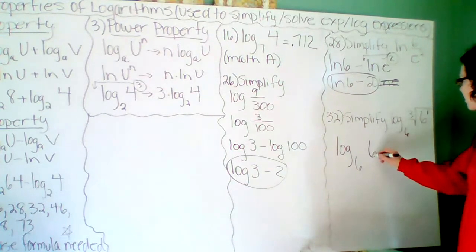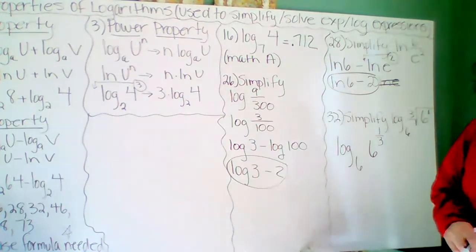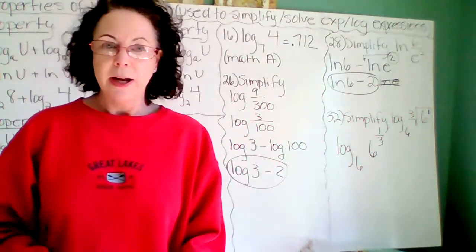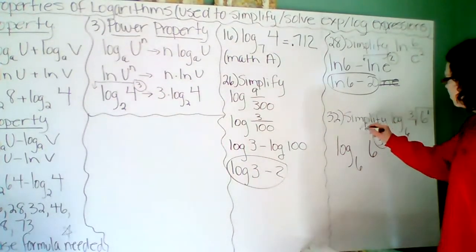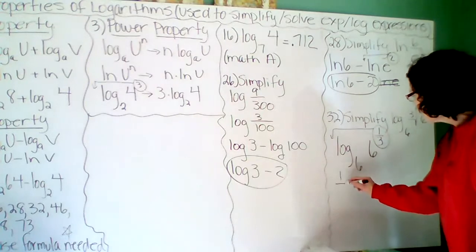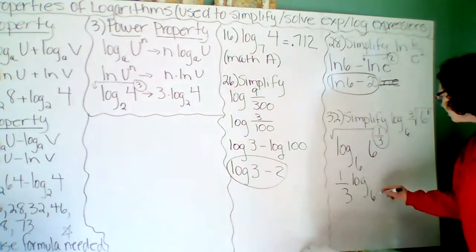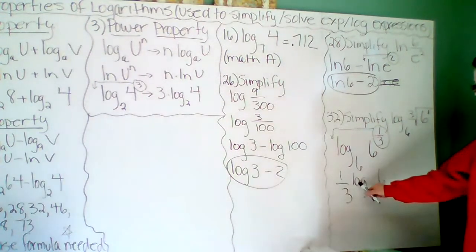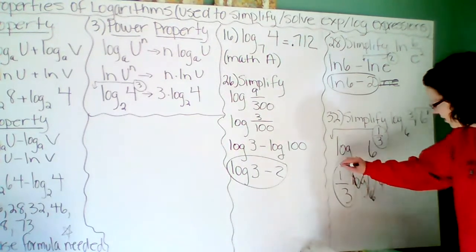I am going to rewrite this as 6 to the 1/3 exponent, in rational exponent form instead of radical form. Power rule: I will bring the 1/3 out front and multiply it by the rest of the log. And log base 6 of 6 is 1, since 6 to the first power is 6. We are left with a 1/3.